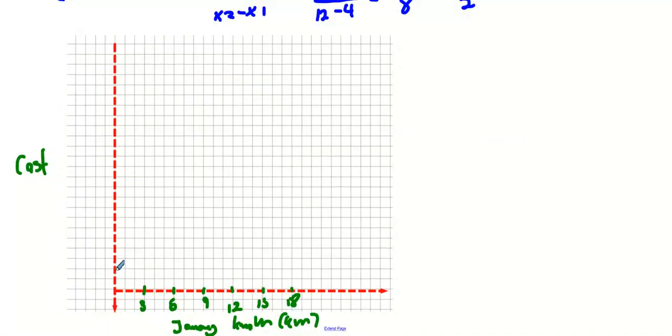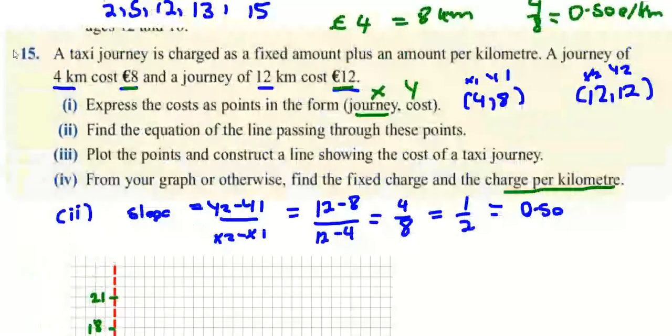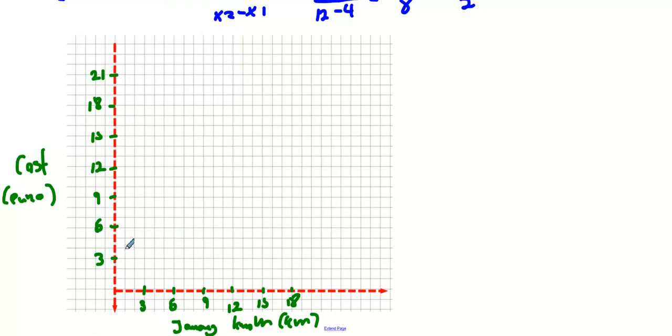We'll do a similar thing here: 3, 6, 9, 12, 15, 18, and 21. And cost in euro, so you just put euro in brackets. Now the 2 points we had were 4, 8, and 12, 12.